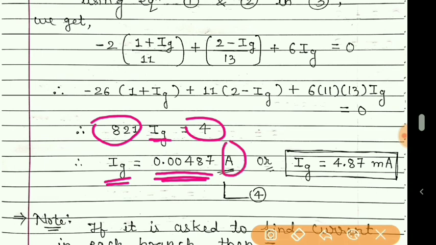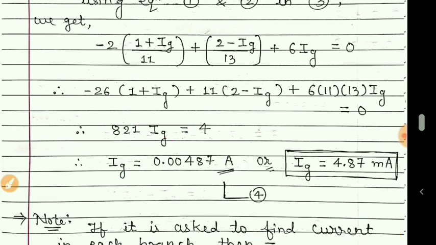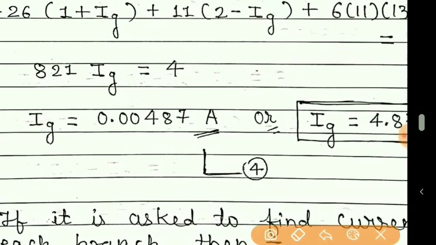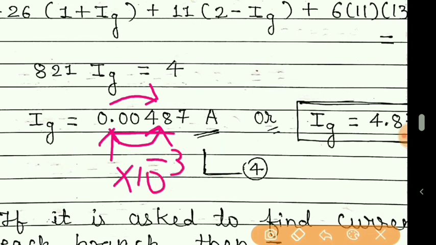But students, as this is a very small value, if you shift the decimal from this point to this point, you are shifting 3 decimal places, and so the power will be 10 raised to minus 3.